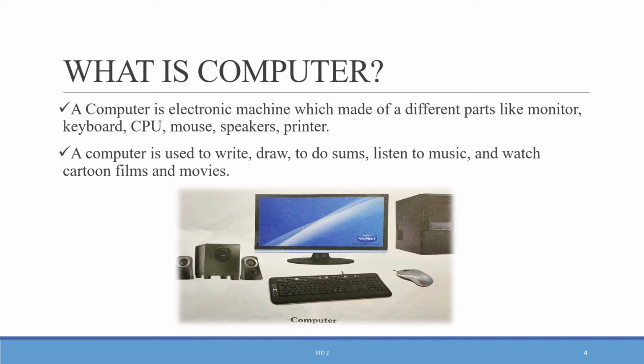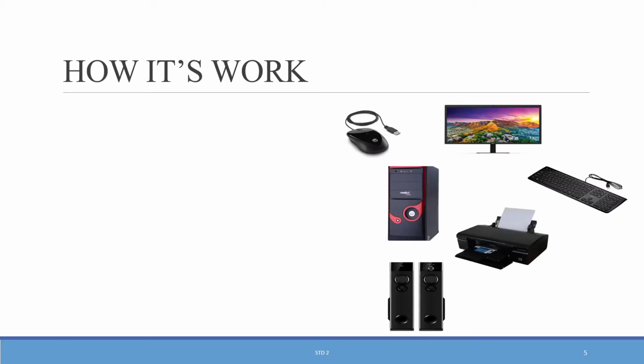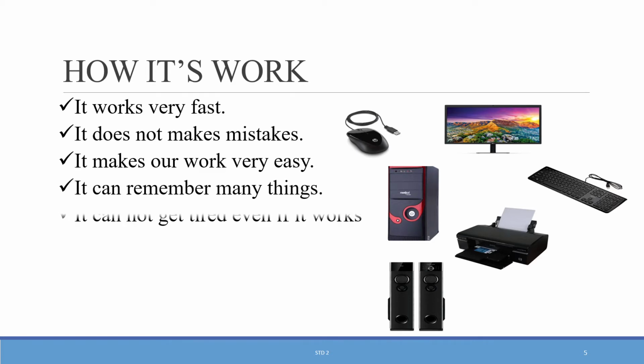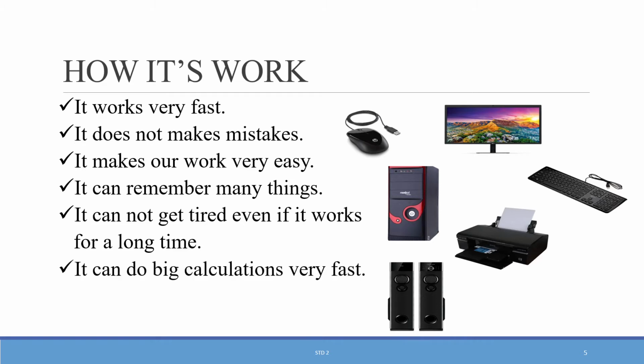We learned the definition and use of the computer and how it works. It works very fast, it does not make mistakes, it makes our work very easy, it can remember many things, it cannot get tired even if it works for a long time, and it can do big calculations very fast. These are the features of a computer.